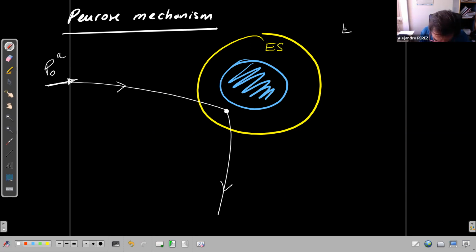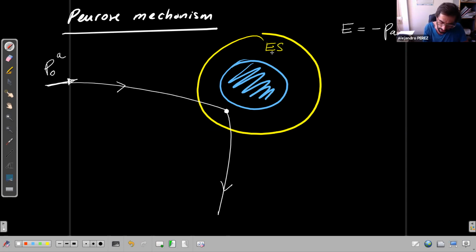Because we recall energy is given by minus PA times psi A. I'm talking about the conserved quantity, that means energy at infinity. So from infinity, you send the particle with a given energy. That quantity is conserved all the way, and it's positive at infinity, because psi at infinity is time-like, and so this inner product is negative. With the minus sign, you get a positive.